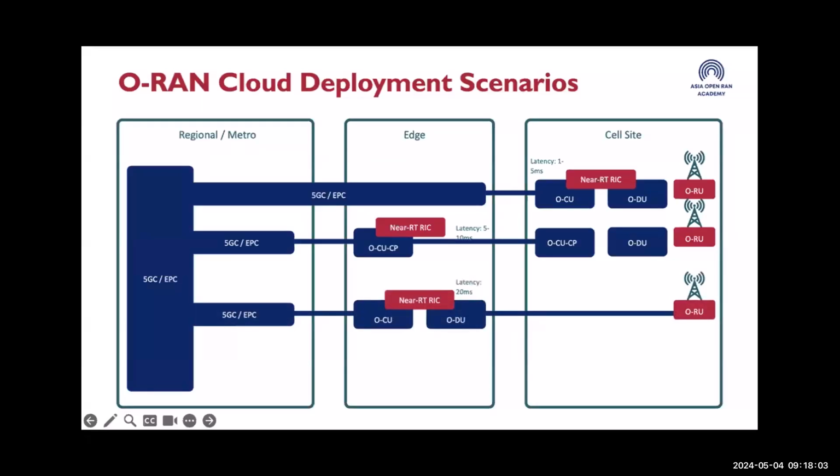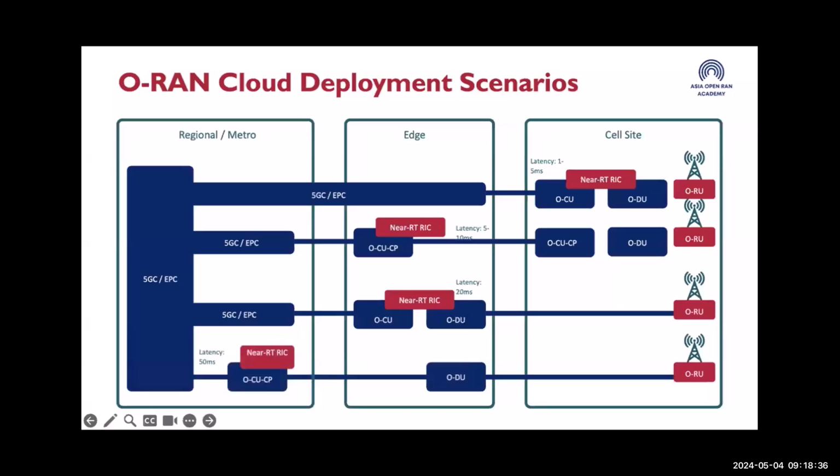It depends on the use case, whether that requires lower latency, higher throughput, or massive connections. As I mentioned, it depends on the slice that you want to implement in your network in terms of the 5G deployment. So for example, in this use case, you don't need to have low latency communication. That's why the near real-time RIC, the OCU, and the ODU are located at the edge. So the ORU is only left on the cell site premises.